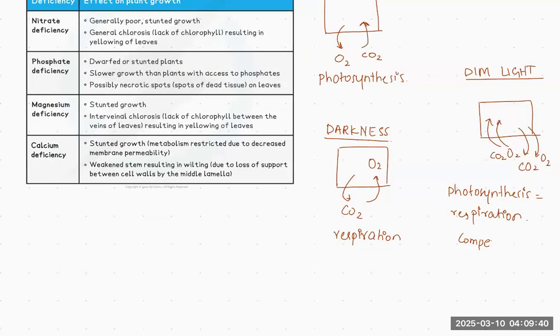Now, another important thing that you guys should know are the factors that affect the rate of photosynthesis. What factors will make the rate of photosynthesis increase and what factors will make the rate of photosynthesis decrease?